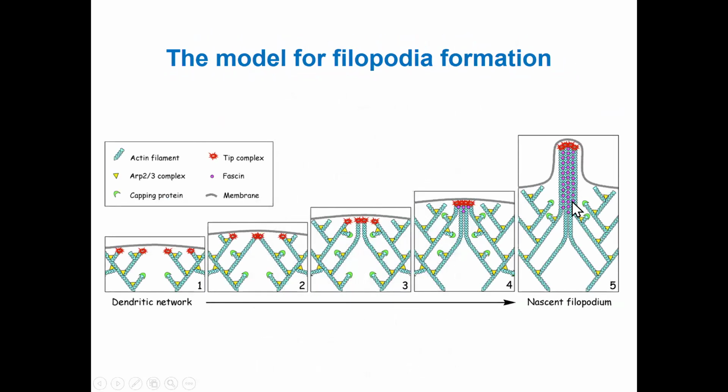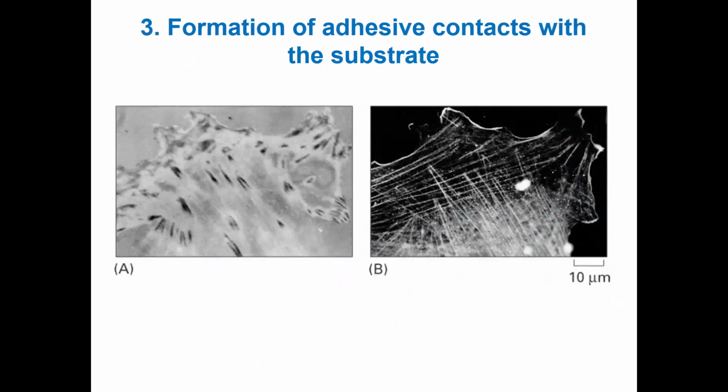Here, filopodium, a finger-like structure, how it develops is shown here. Lamellipodia and filopodia formation help the cell to move on. Next is the formation of adhesive contacts with the substrate.